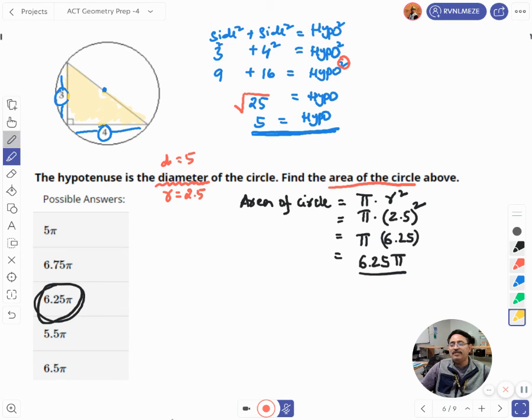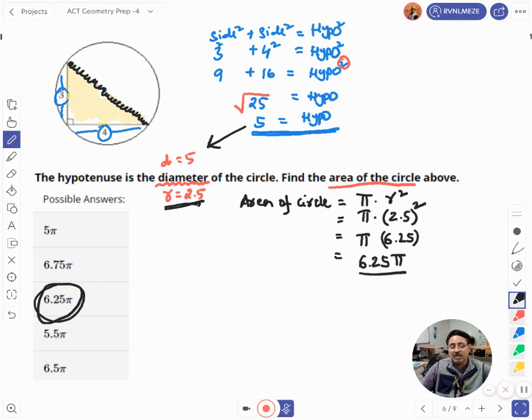So here I see that the diameter is 5 units. You can see that in the diagram. Now what is radius? Radius is half of the diameter. So half of 5 gives me 2.5. So area of a circle, you know that it is pi times radius square.